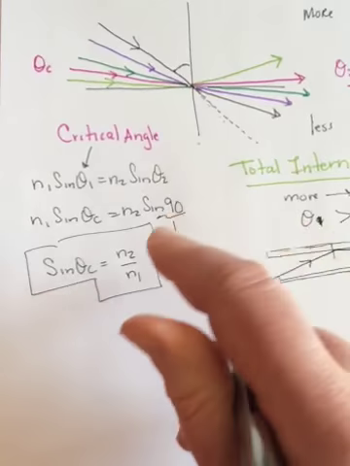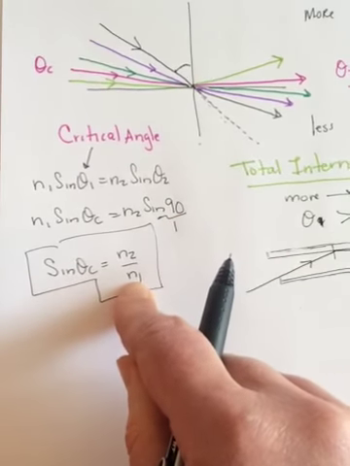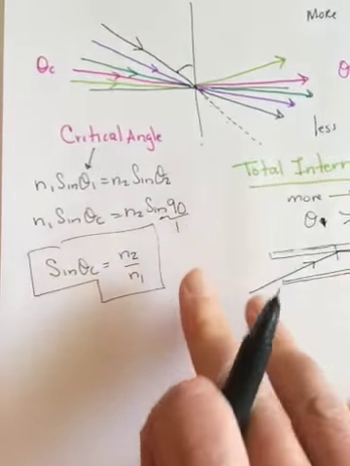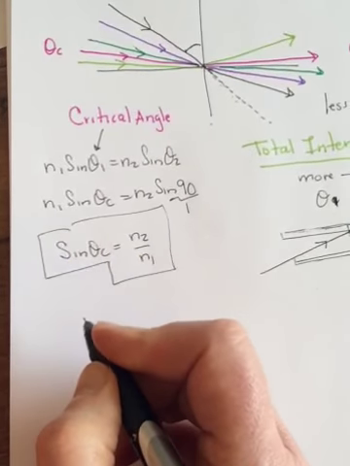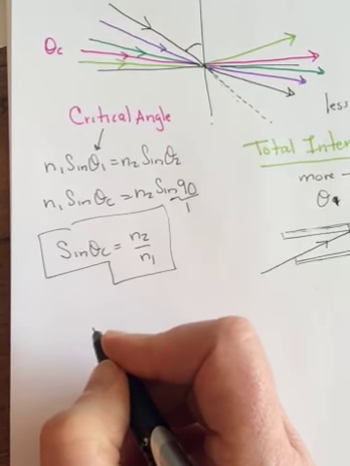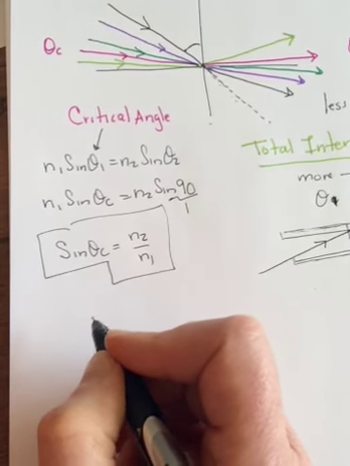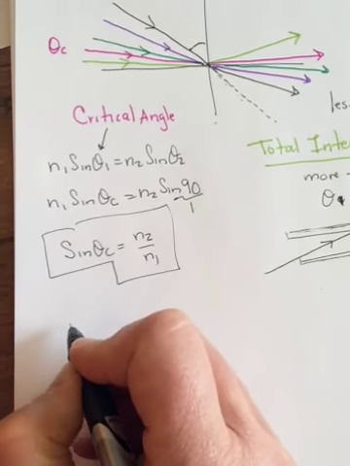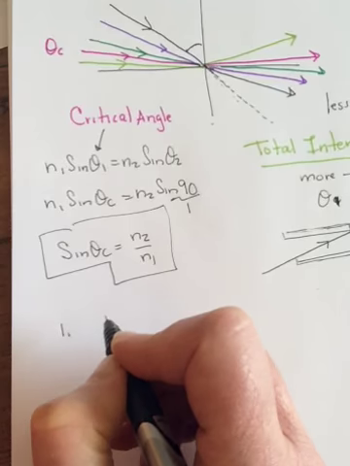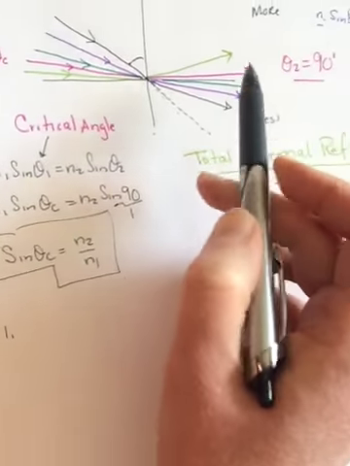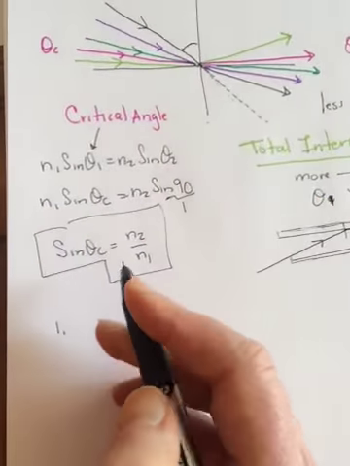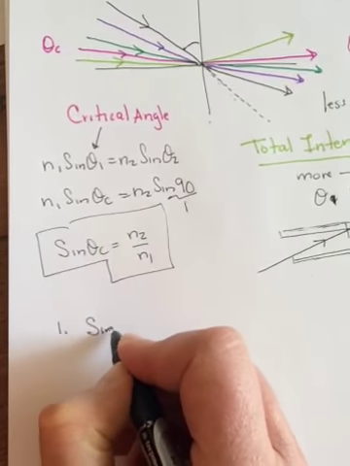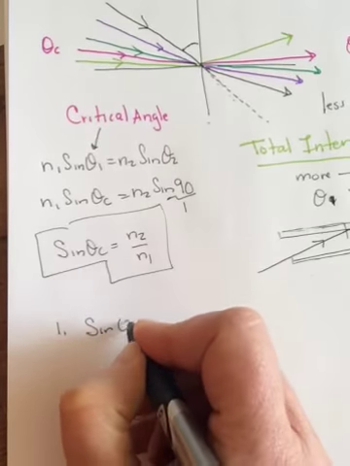Now, a couple little notes. Let's do the example, and then I'll do a second one. The example in your notes was: find the critical angle for light at the boundary between water and air. Between water and air, it always, always, always has to go from more dense to less dense. So it means that water is N1 and air is N2.